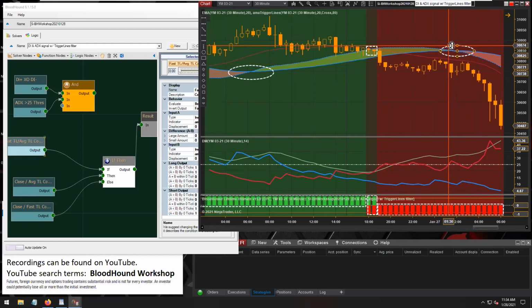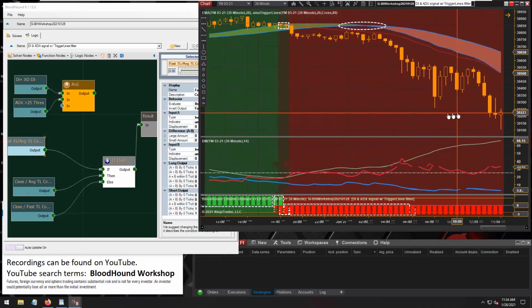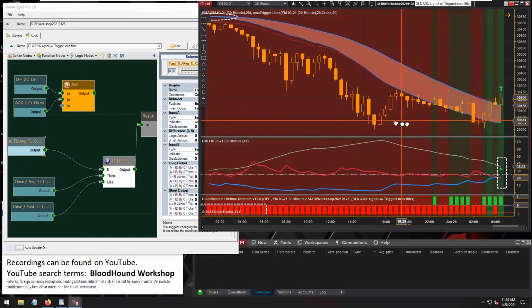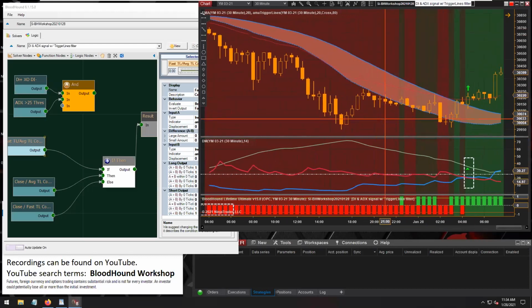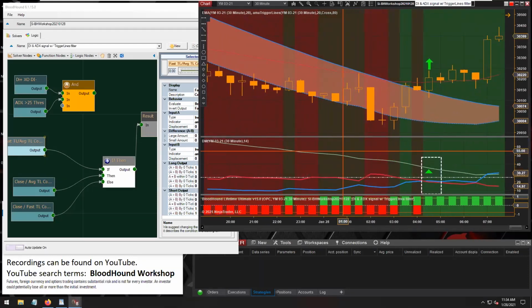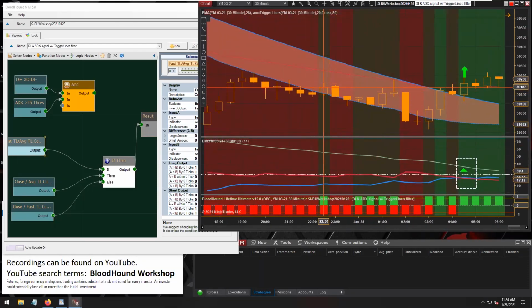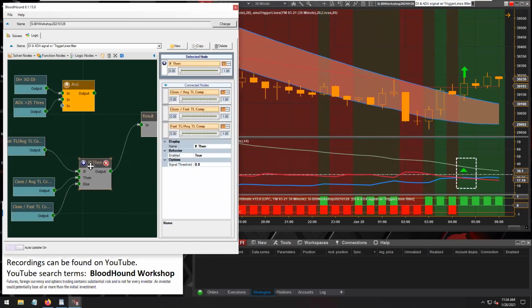Because we have this little crossover here to give us both cases here. Yeah, so let's go along. And then what we see over here is whenever that closing price is inside the trigger lines, we're getting a long and a short together. All right. So this is actually working correctly.